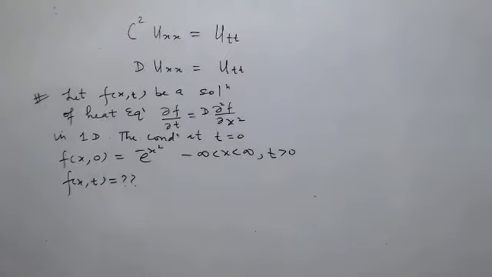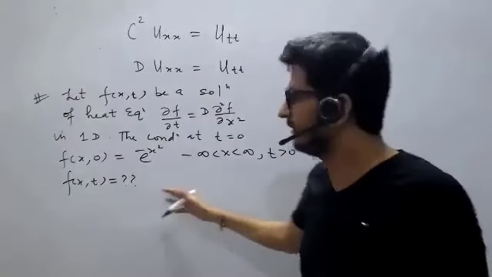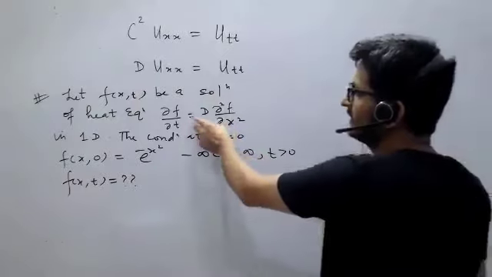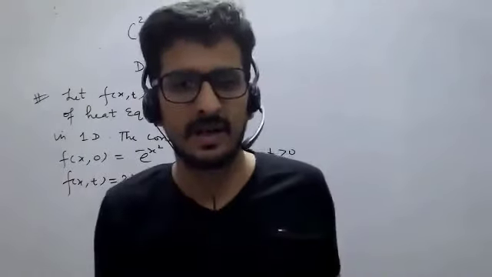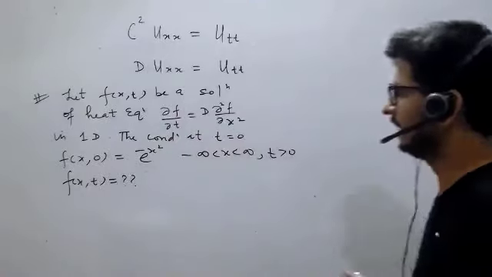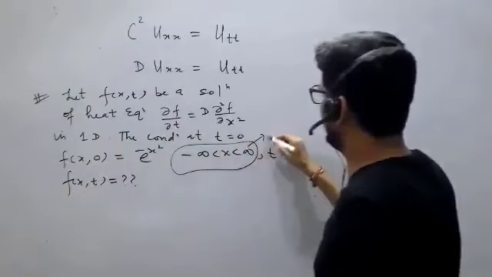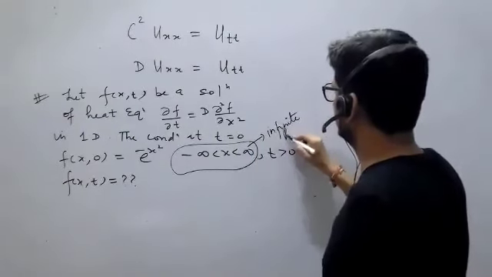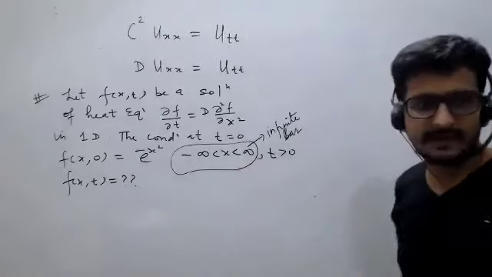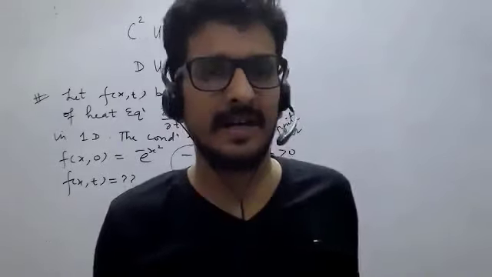Now see, this is a previous year NET question. If you want to solve this, first of all, see, this is the heat equation, with D given in place of c square, so we will immediately change our solution, and from this we will see that it is an infinite bar. Are you seeing or not? The limits: if this was from 0 to L, that was a finite bar.